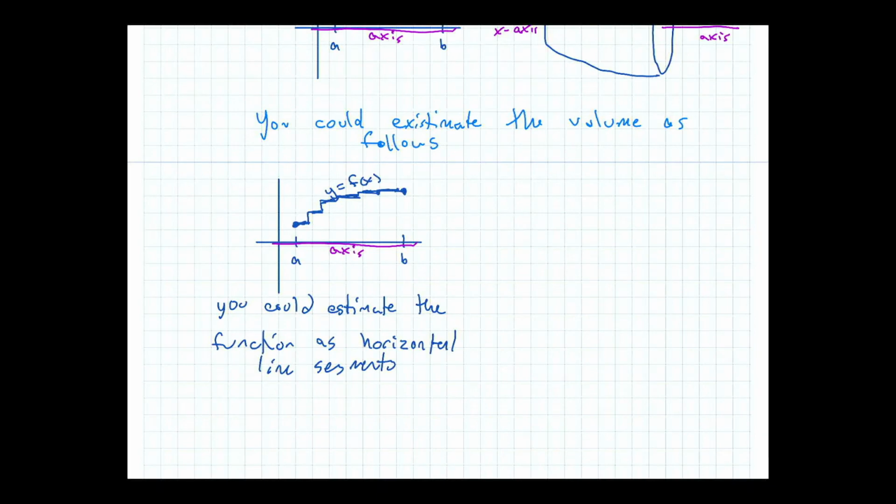Let's suppose each of these line segments had a width that I knew, and I'm going to call that width delta x. So this is delta x, this is delta x, this is delta x. I know they don't all look the same in my picture, but let's suppose they're all delta x.